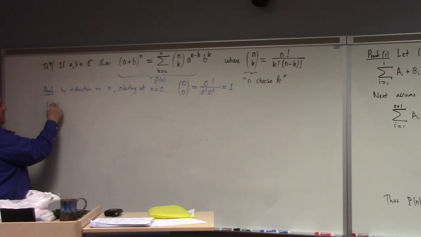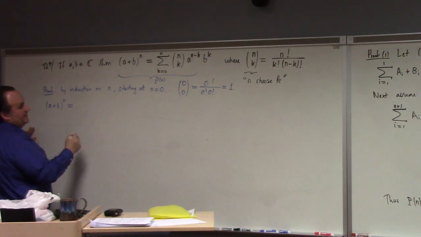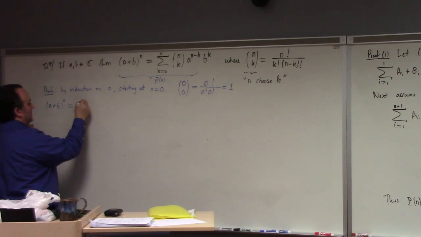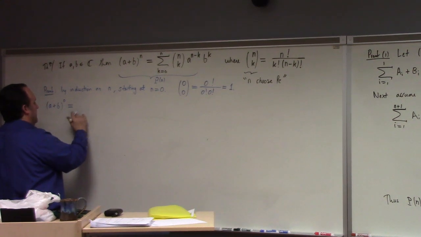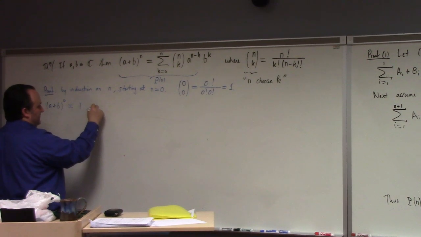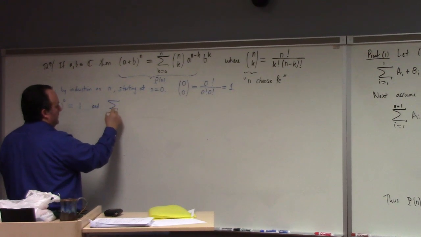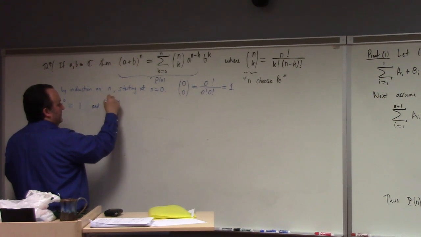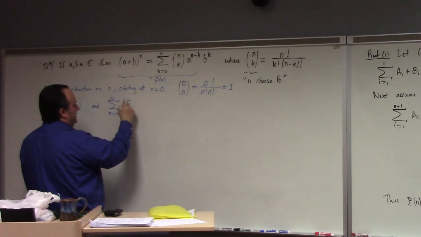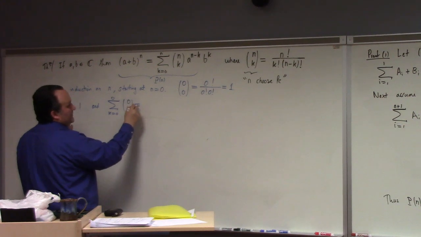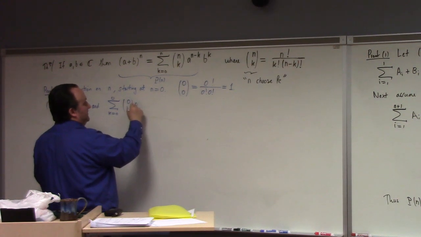So (a plus b) to the 0 power is... I really should have done this one first, guys. My bad. (a plus b) to the 0 power is 1. And what else? The sum from k equals 0 to 0 of 0 choose k, a to the n minus k, b to the k. Goodness gracious, I can't do anything right today.